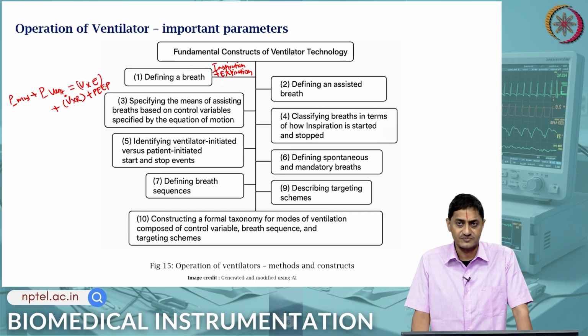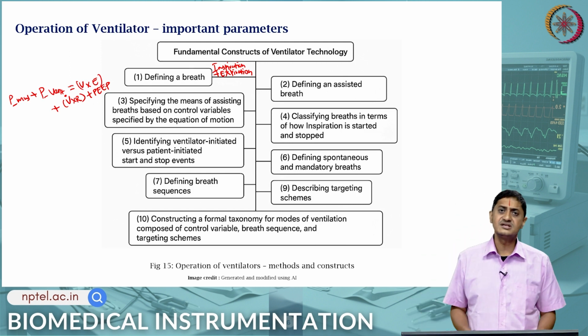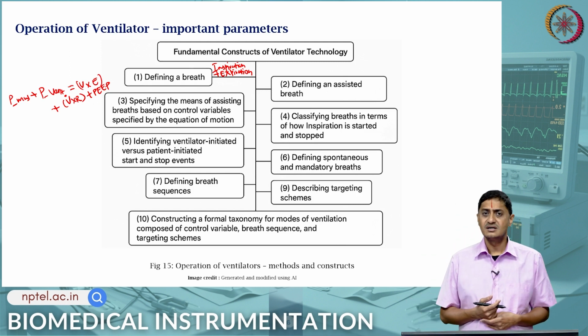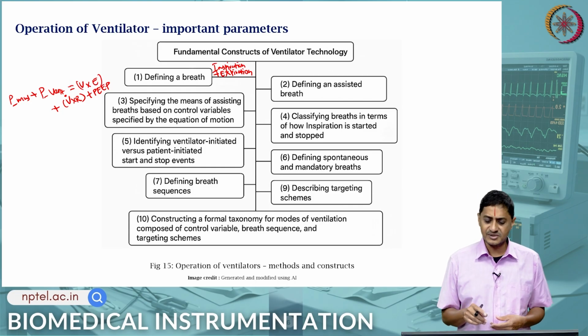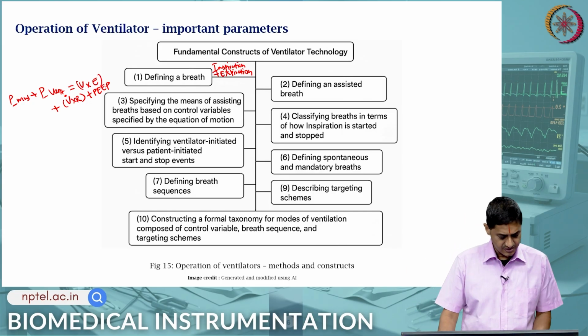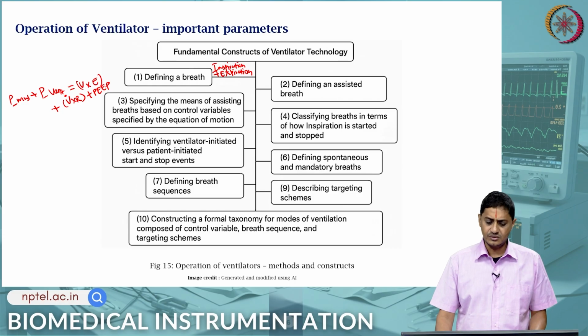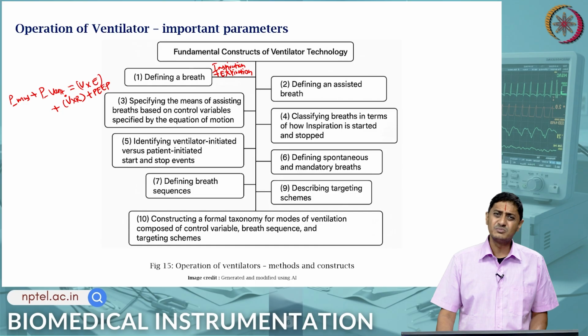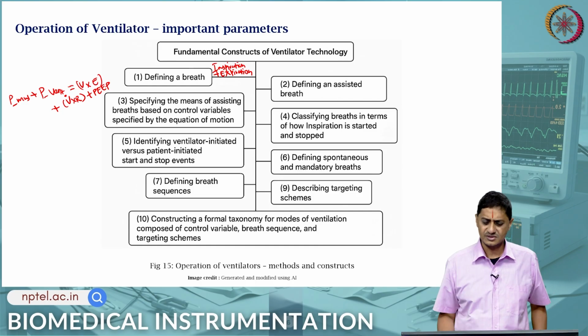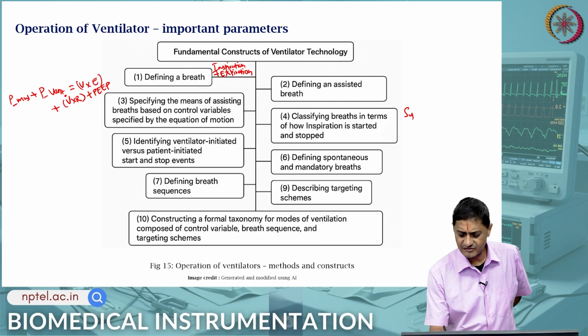Fourth is classifying breaths in terms of how inspiration is started or stopped. Is it that the patient is beginning to breathe, or is it that the ventilator is providing, or is it that the patient is beginning to breathe and the system is supporting, right? So, you need to decide the time at which you will provide the ventilation, so that there is some sort of synchrony.